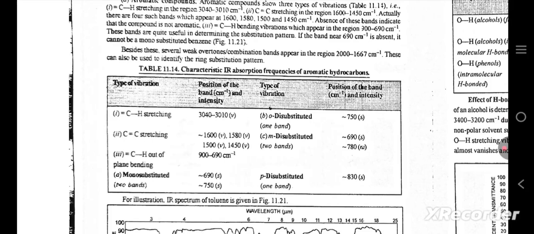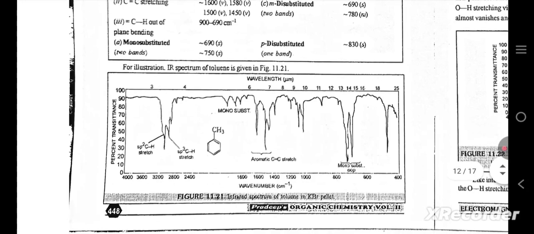These can also be used to identify the ring substitution pattern. Table 11.14, characteristic IR absorption frequencies of aromatic hydrocarbons. Look at this table. For illustration, the IR spectrum of toluene is given in figure 11.21. Look at this figure 11.21.